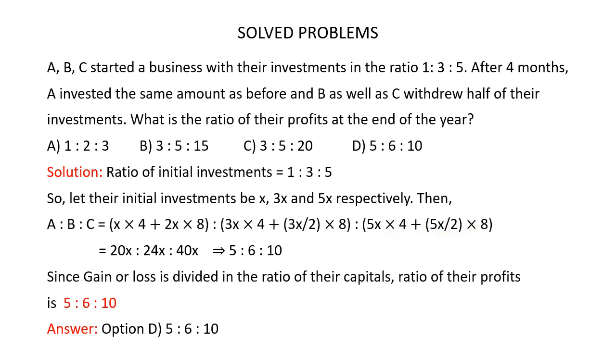On solving this, we get the ratio of investment of A, B and C as 5 is to 6 is to 10. Since gain or loss is divided in the ratio of their capitals, the ratio of their profits is 5 is to 6 is to 10. So the correct answer is option D, 5 is to 6 is to 10.